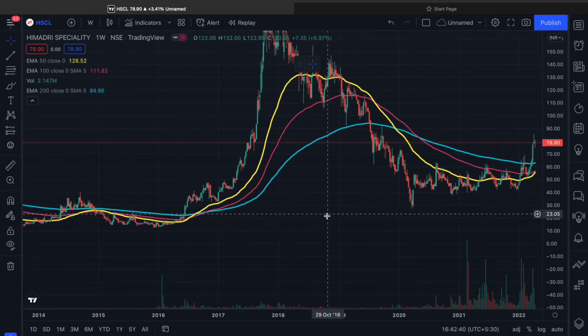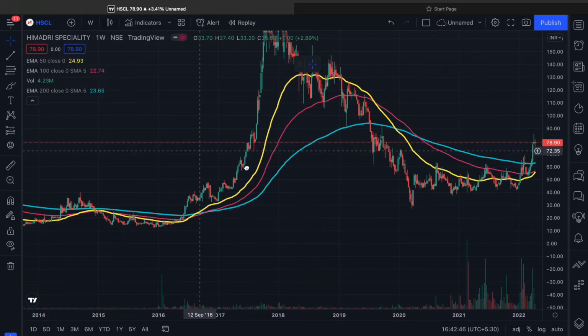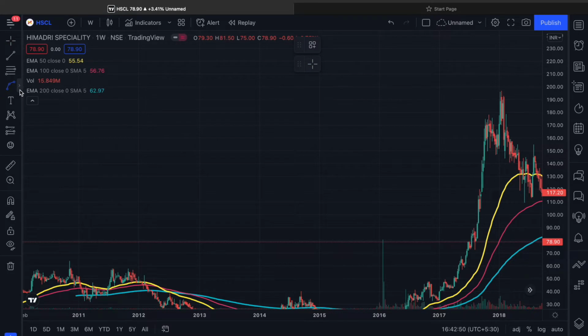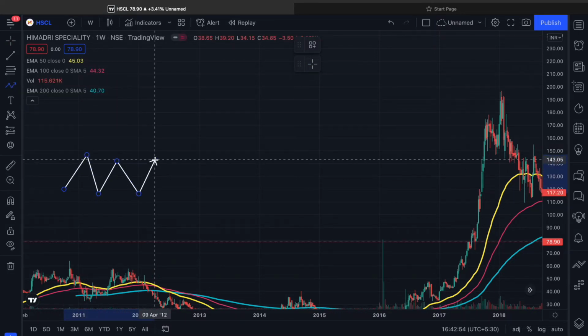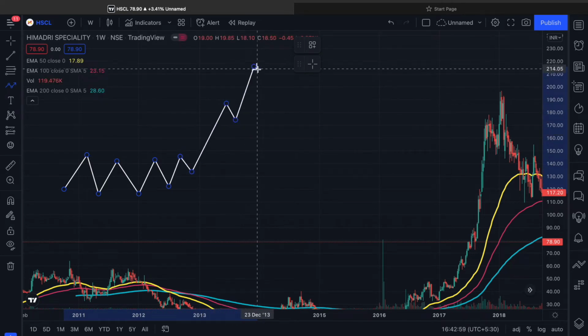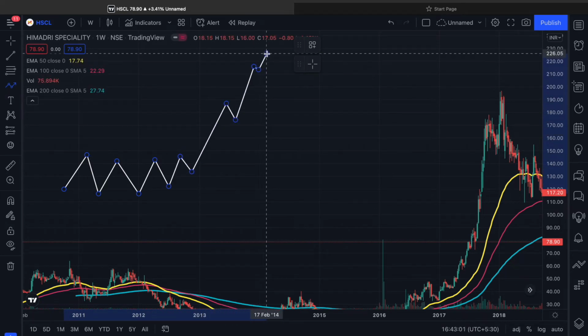I have told you about the Wyckoff theory, and you must be aware of it. When it comes to the Wyckoff theory, we have a period of accumulation, called accumulation zones, followed by a rally. Then comes the third phase, which is distribution.